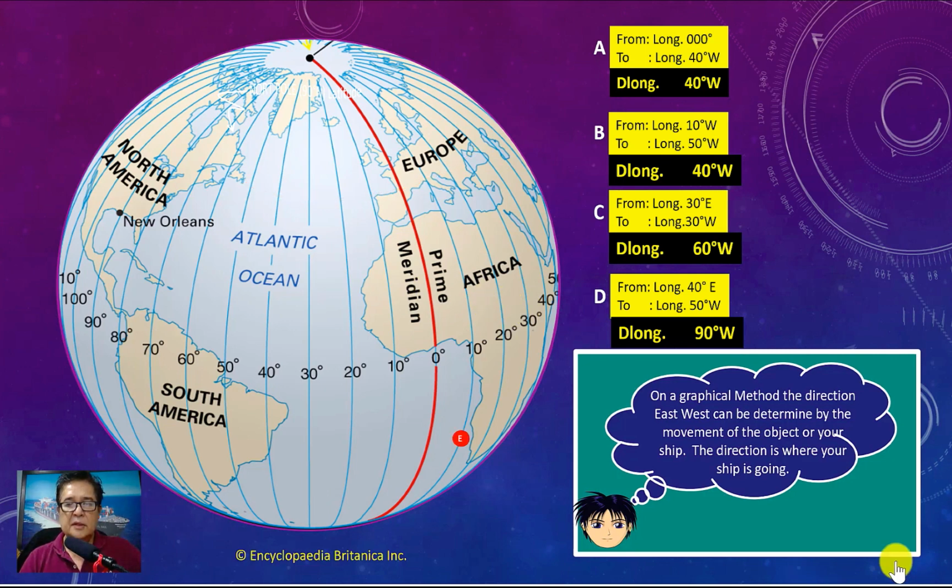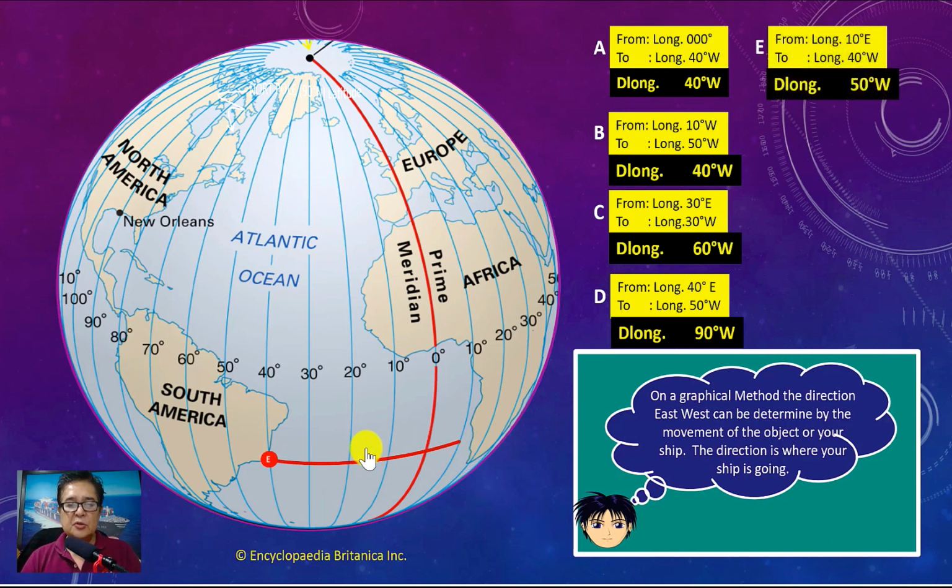Next, letter E. Observe the movement of letter E from 10 degrees east to 40 degrees west. So determine the difference of longitude. 10, 20, 30, 40, 50 degrees going west.